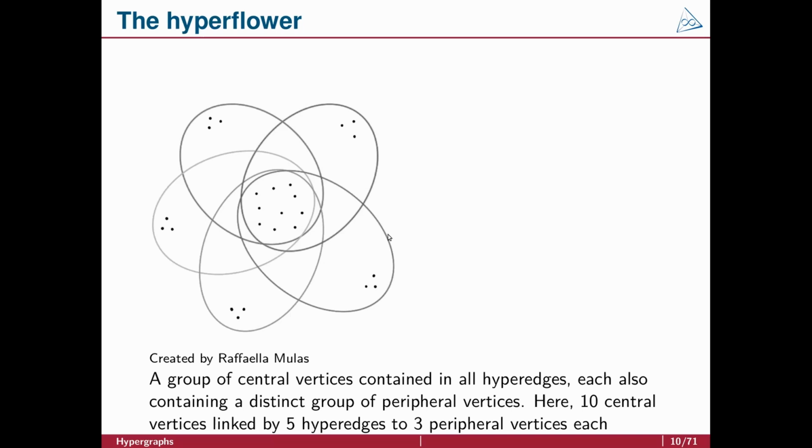So the central vertices are included in all hyperedges, and each group of peripheral vertices is included in precisely 1 hyperedge. So that is the structure here. It's a rather simple structure, but exploring it will already provide us some insight.